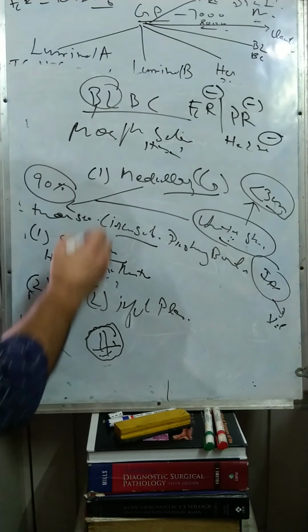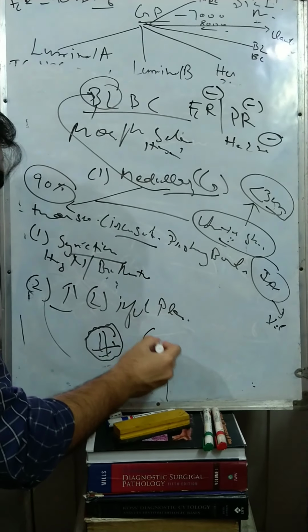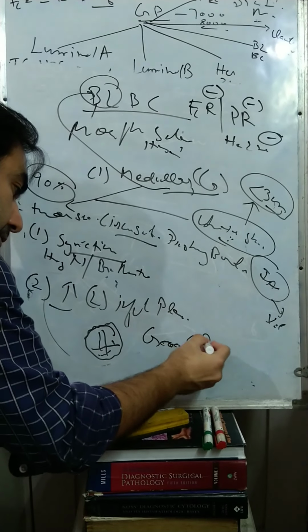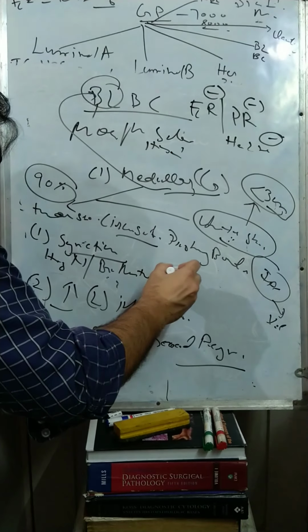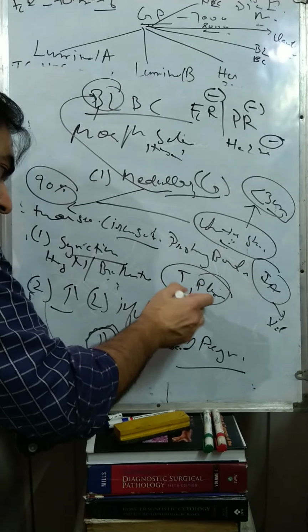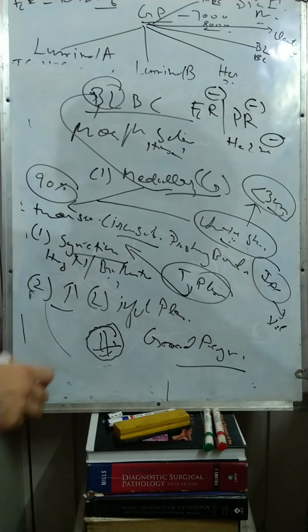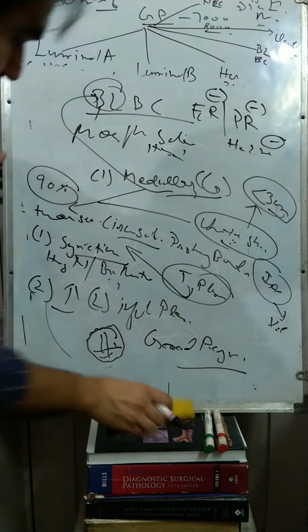So this subcategory, even if it falls in basal-like, has a good prognosis. Why? There is a theory that the T cells or the plasma cells mount a response against the tumor. This is the theory postulated for better prognosis of medullary carcinoma.